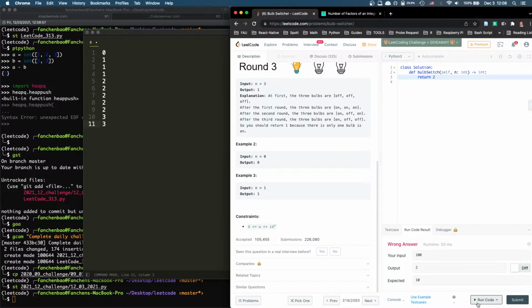But how long is this going to take? Well, I mean, 10 to the 9th, right? So we go 10 to the 9th power. The prime number will go at most to the square root of this. The prime number will go to 31622. 31,000. That's a lot of prime numbers.